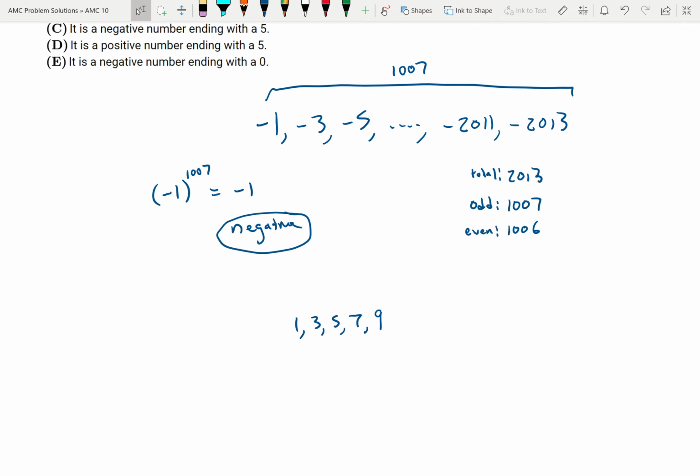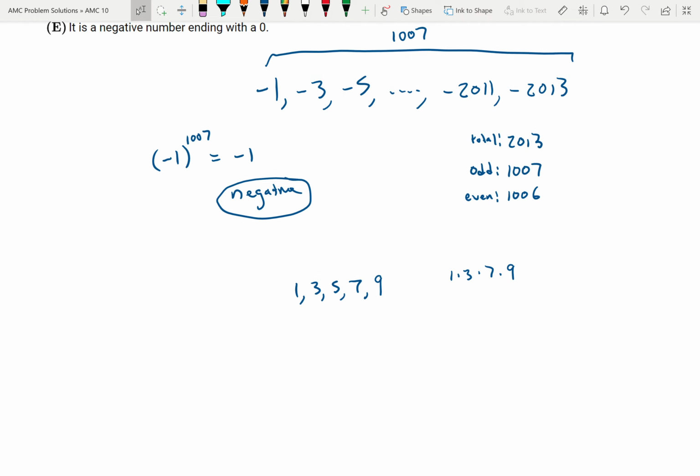So let's say you multiply every single odd integer before you multiply it by 5. You multiply 1 times 3 times 7 times 9, saving the 5s for the end, and you'll get some number.